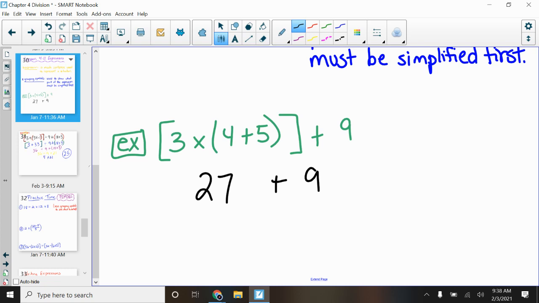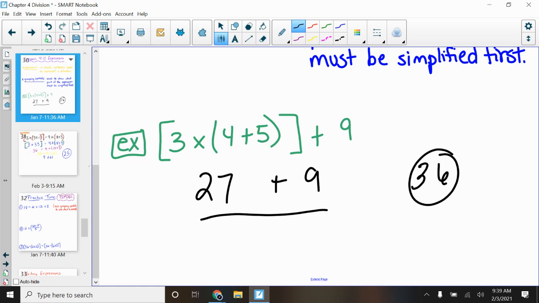Right, because do I have any other math operations in this sentence? No. The only time I would need grouping symbols is when I'm looking at more than one math operation. In this section all I have is an addition problem, so I don't have to draw grouping symbols. 27 plus 9, everybody is? 36. Okay.